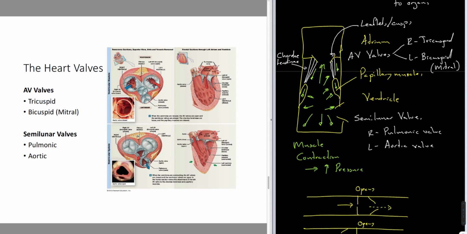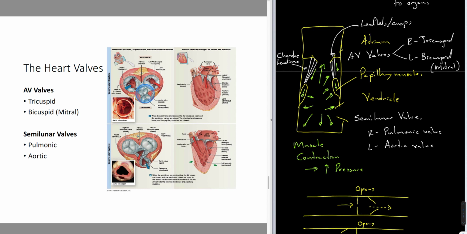So that bump, bump sound you're hearing has to do with the physical hitting of the valves closing. So think about a snap. Right? That snap is due to your middle finger hitting the pad of your thumb. Okay? So that bump, bump, the first bump is the AV valves closing, right?